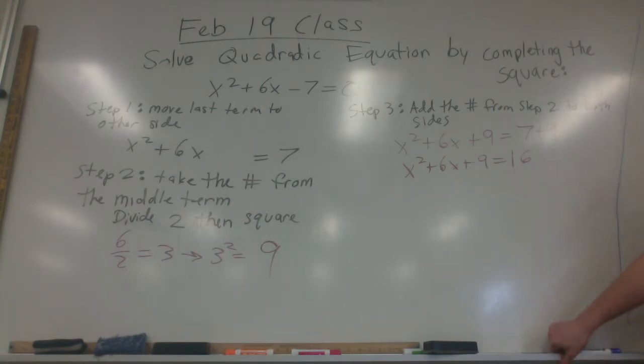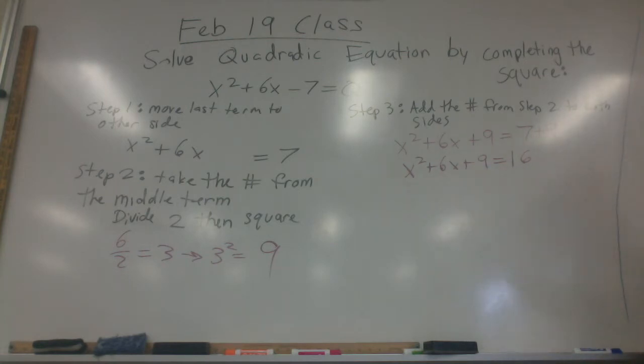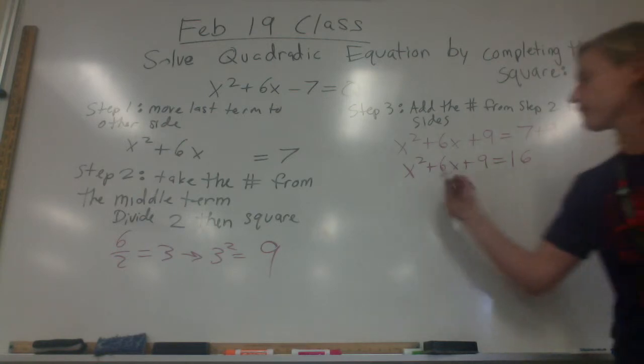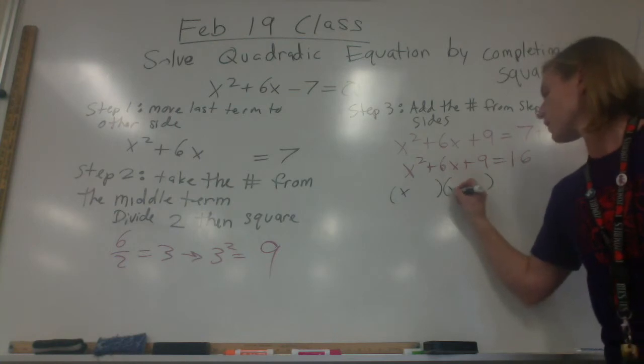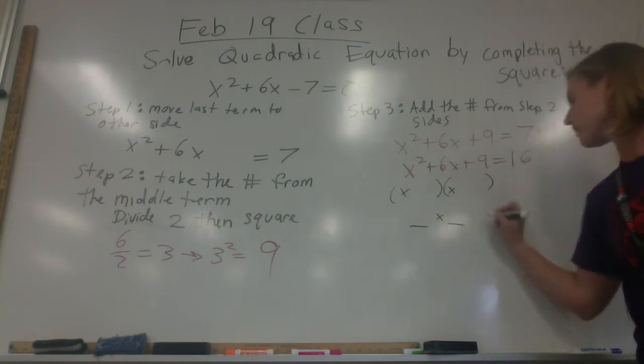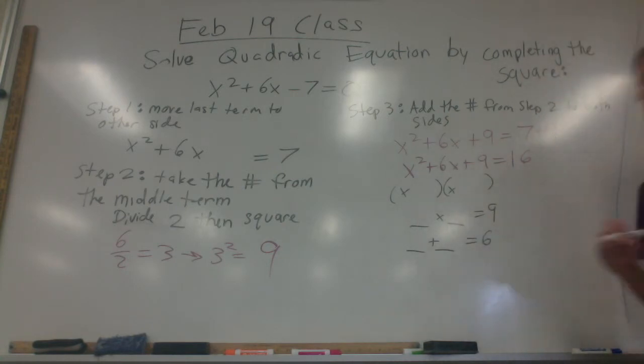Now this is why this way is called completing the square. If I were to factor this side, you're actually going to get something that is the same. Remember, I need a number that multiplies together to get 9 and adds together to get 6.